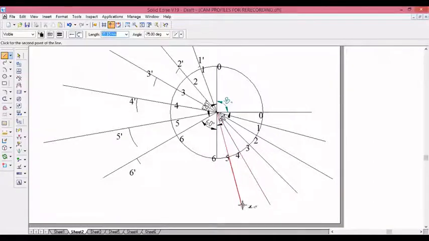So on these radial lines, we will get the displacement measurement. So 6 to 6 dash is 30 mm. I take 30 mm radius and I will cut.